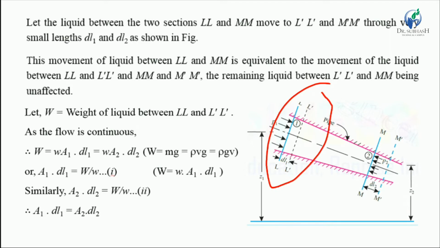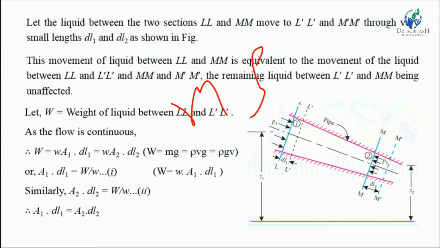The weight of liquid between sections LL and LL dash can be written this way. We know that W is equal to mg. So mass is converted into density and volume: W is rho V g. Now we rearrange: rho g V. We know rho g is the specific weight, small w. Now put the value of volume: the cross section area at the LL side is A1 and the length is dL1.